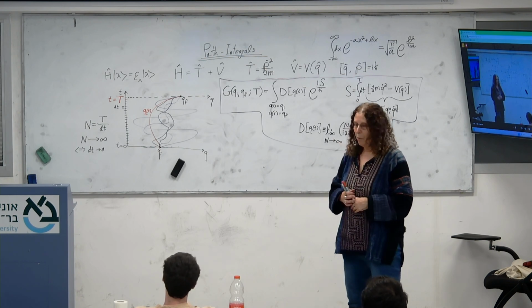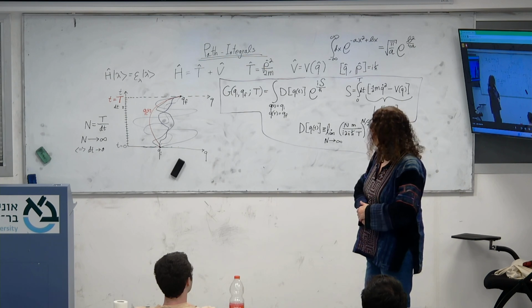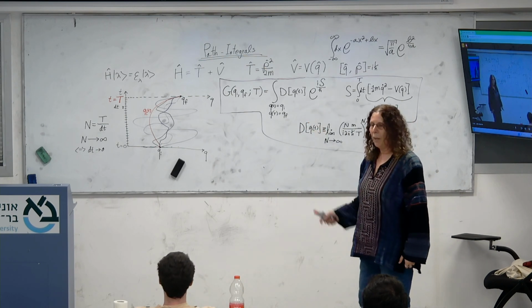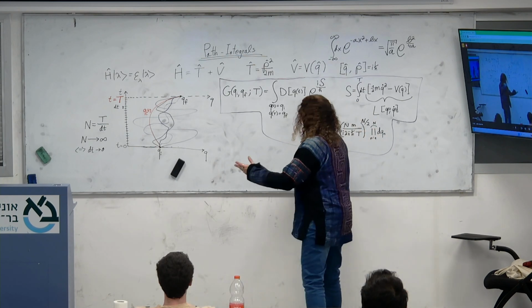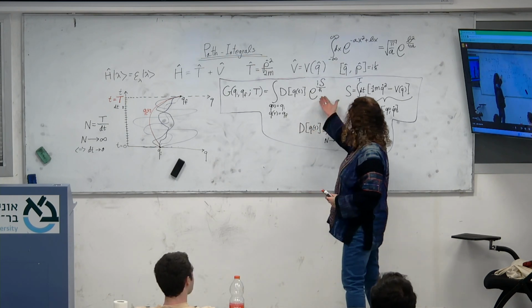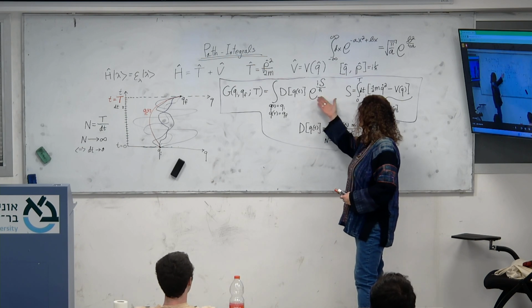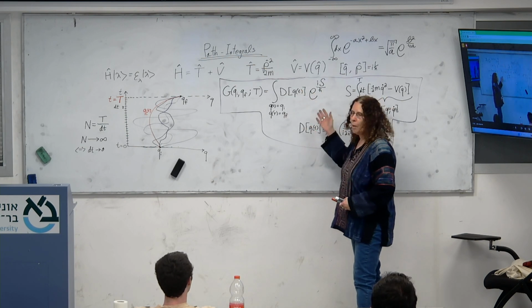Okay, but here we have a coherent superposition of all histories to get from a point to a point. So that's a path integral. I already gave you an idea how we can mathematically deal with it in the semi-classical limit.